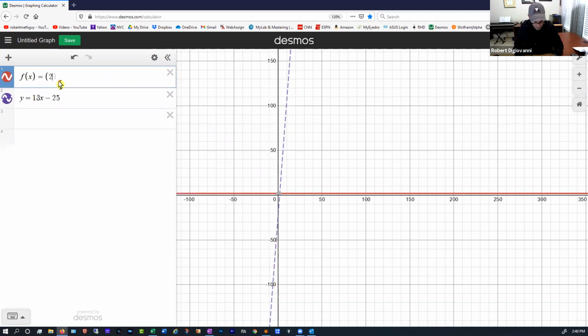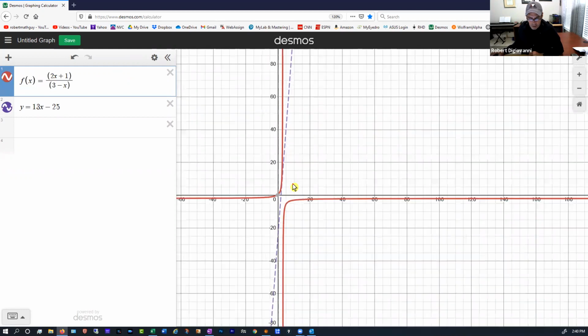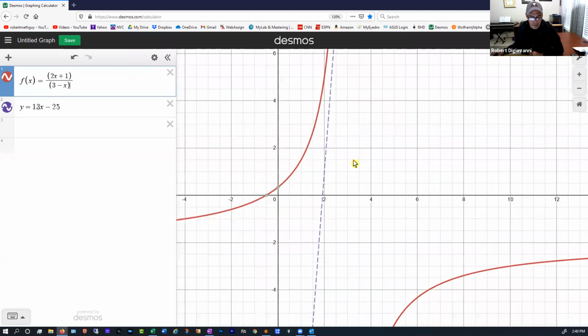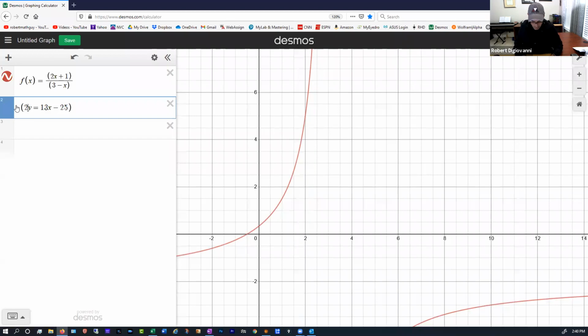All right, here we go. 2x plus 1 over 3 minus x. So here's the graph that we are looking at. And we were looking at the value of 2, what was it, 2.5? Right, that was the value, 2.5.